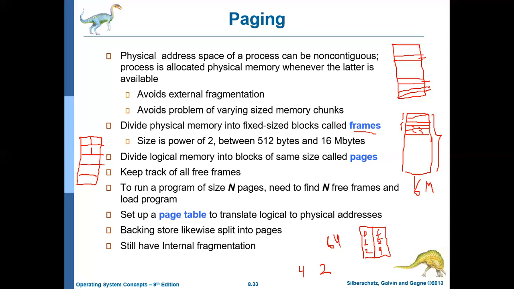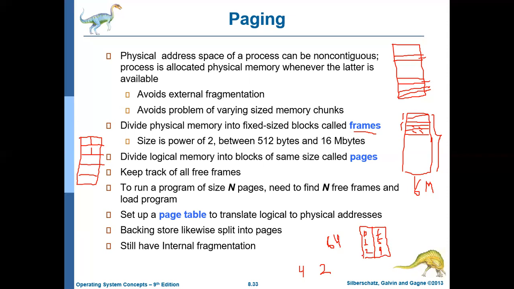It should not be the case that if we are starting from 5, next will be 6, next will be 7. No, it's not the case. We may have random frame numbers. So for every page, there will be a mapping with a corresponding frame. This particular page is going to this particular frame.